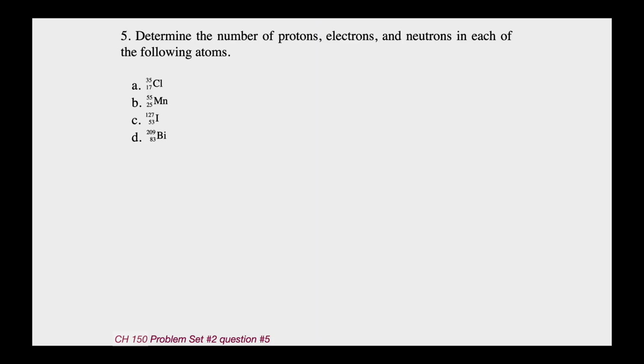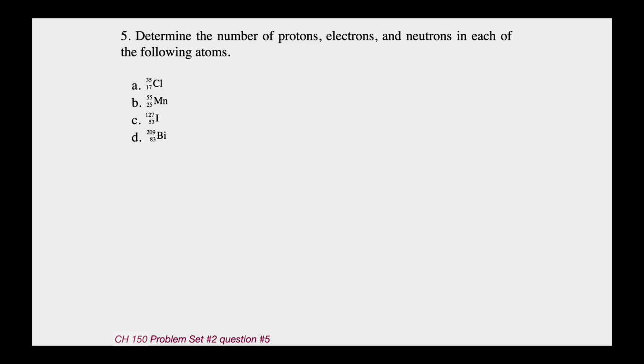Let's figure out the number of protons, electrons, and neutrons in each of these atoms. The lower left number is going to tell us how many protons there are because that's the atomic number. So in the first one, 17 is going to be the number of protons. And really, we could use the element symbol to look that up on the periodic table too. Now, electrons, we're going to assume that these are neutral atoms.